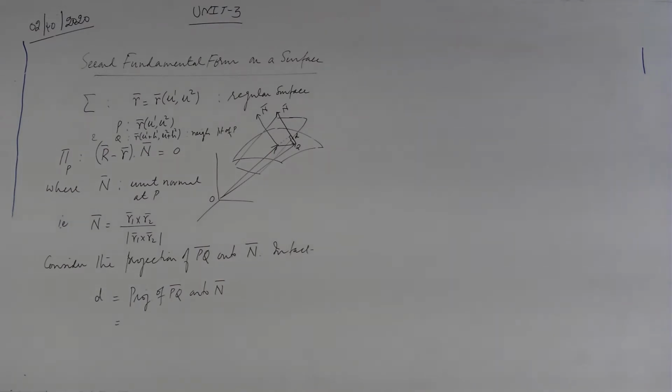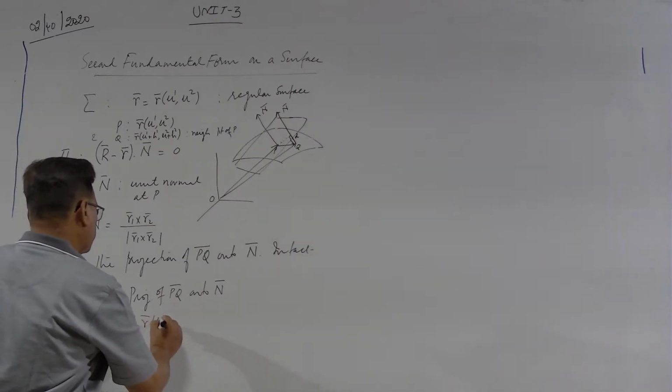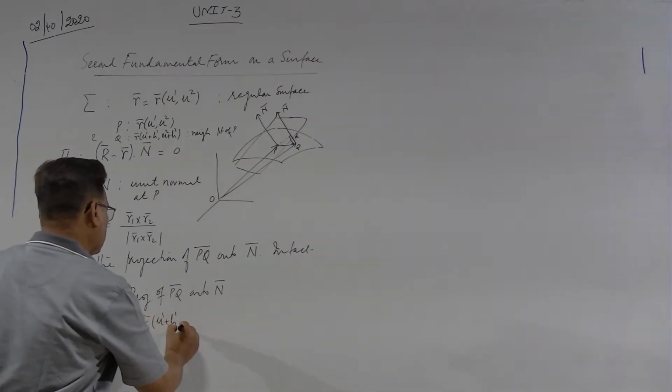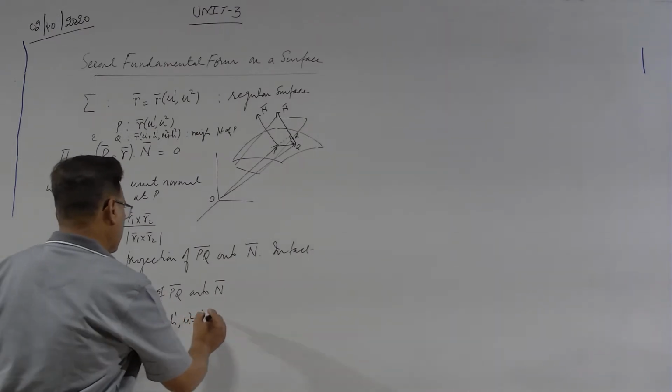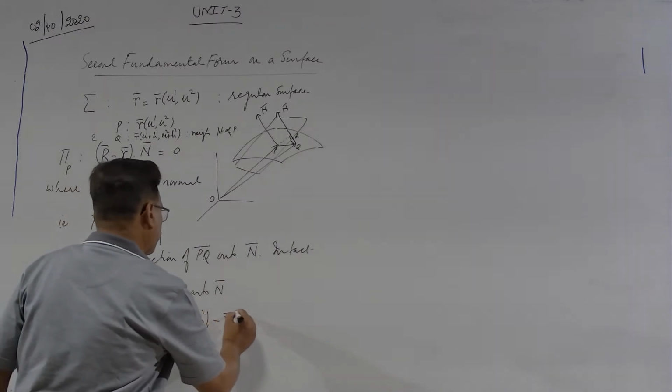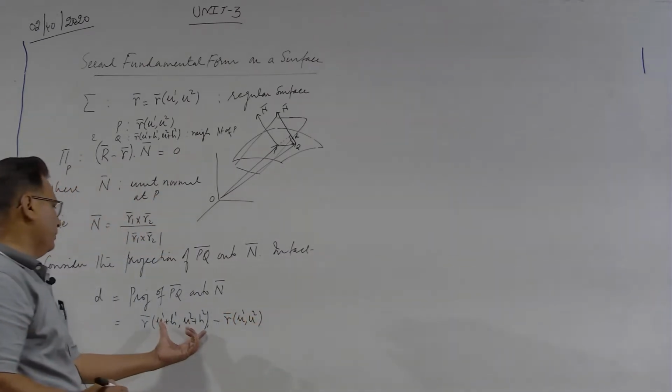Now you can see what the vector PQ will be. It will be r of (u1 plus h1, u2 plus h2) minus r of (u1, u2). This is the vector PQ.